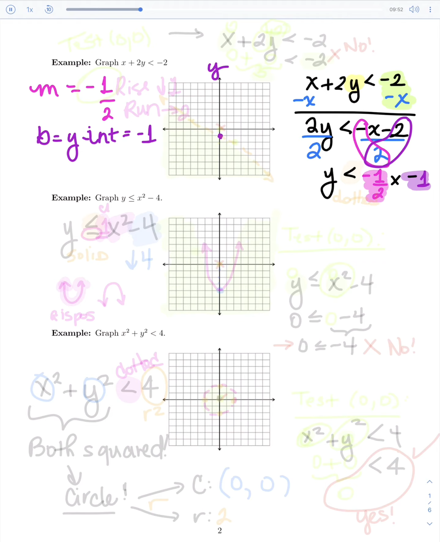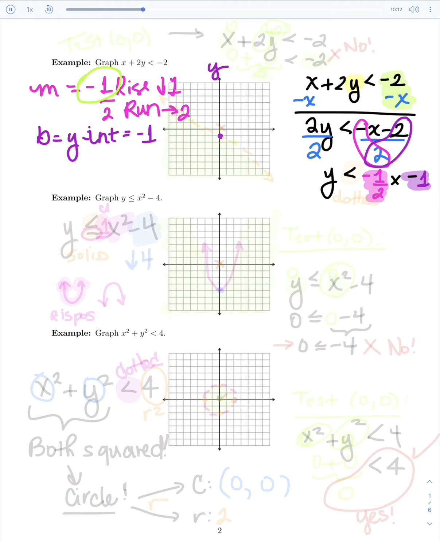Then we use our slope as a rise over run. Remember, because our rise is negative, it actually means that our graph is going to go down 1. The run is still positive, so it's over 2. Let me clarify.